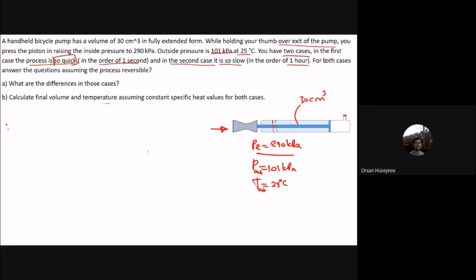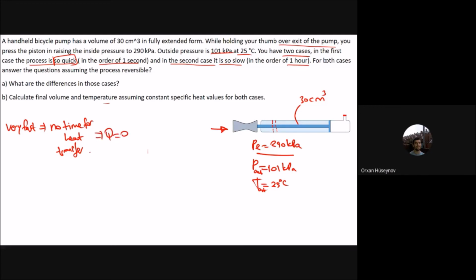If it is very fast, it means there is no time for heat transfer. Okay, if it is very fast, then there is no time for heat transfer. Therefore, Q will be 0.